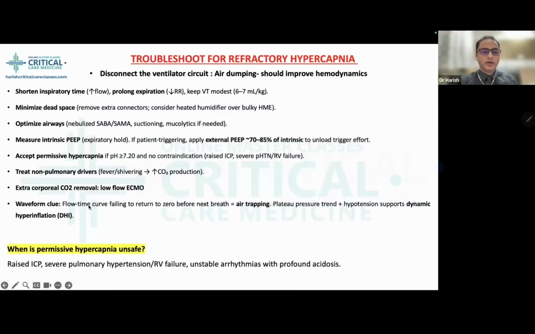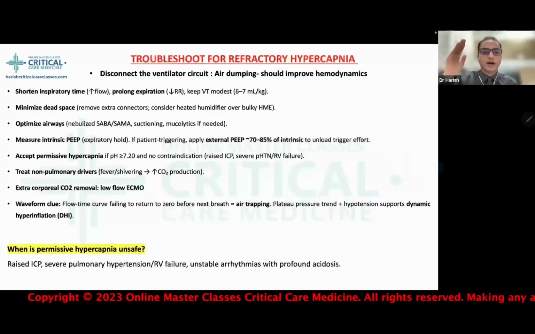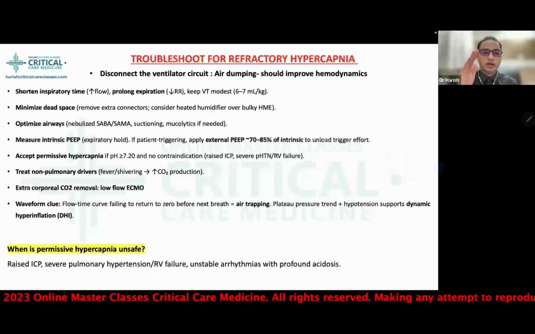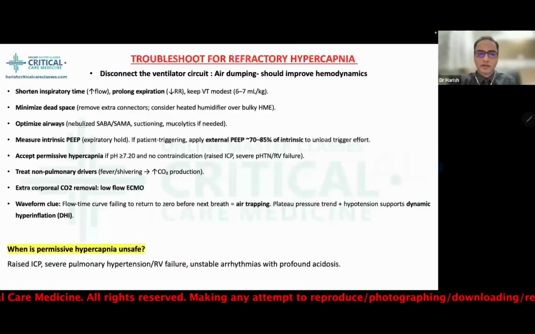Then analyze the waveform. If there is air trapping, you need to troubleshoot that. Sometimes, for the expiratory flow limit, instead of 25% by default, you need to increase it to 40-50%, so that there is an early winding up of inspiration, which automatically switches to expiration and gives adequate timing.